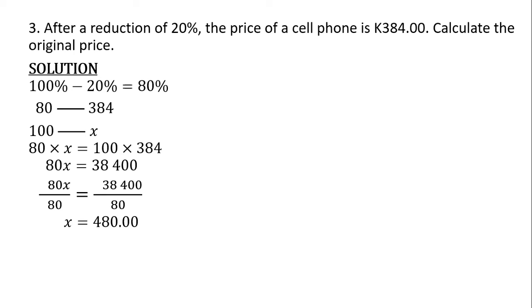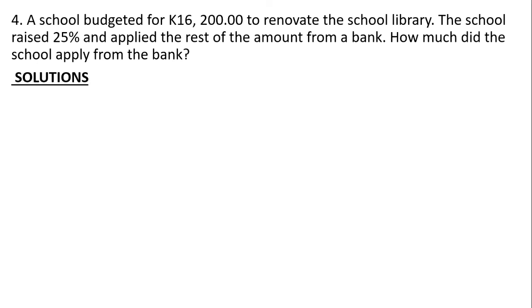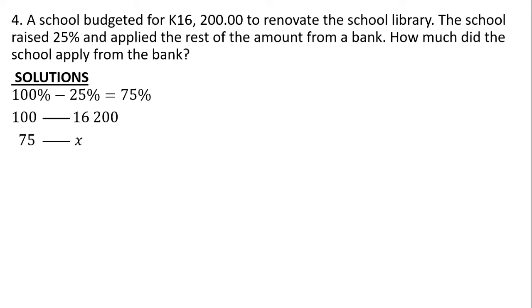Therefore, the original price before the reduction was 480 kwacha. Question 4. A school budgeted for 16,200 kwacha to renovate the school library. The school raised 25% and applied the rest of the amount from a bank. How much did the school apply from the bank? We subtract 100% minus 25%, which gives us 75%. 100% gives us 16,200, and 75% we don't know, which is x.